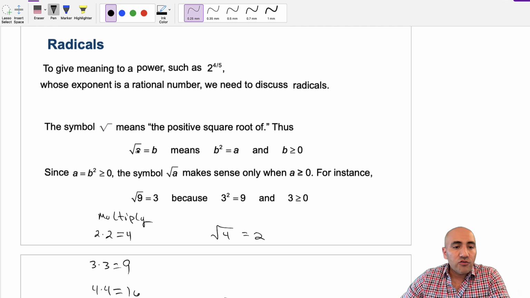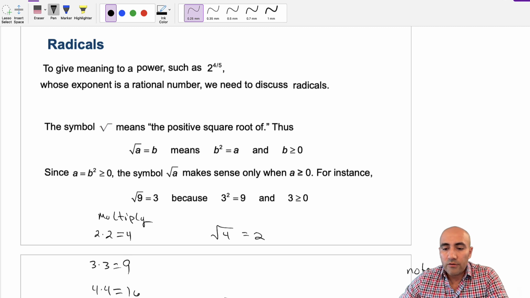Good? Okay, also notice that the answer here, the square root of a equals b, is positive, right? So it's the positive square root. We always intentionally mean for this to mean the positive root, even though there is a negative b value that can also make this work. So, for example, note that negative 9 squared is also 81.